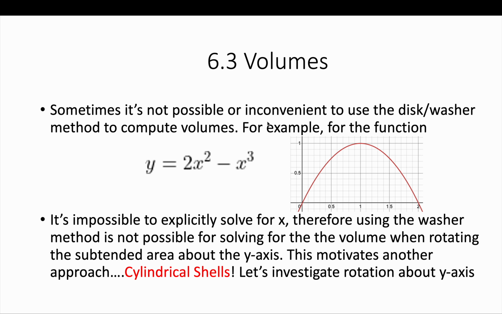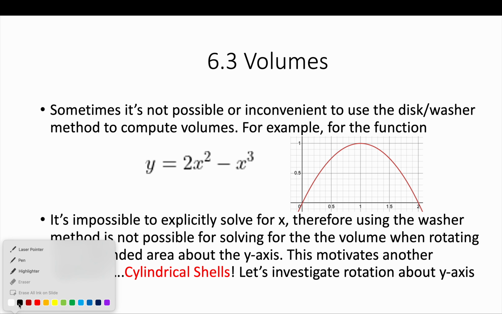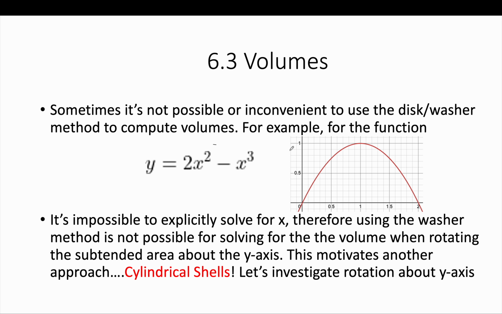So here we have an example where we want to see y equals 2x squared minus x cubed, the volume that is generated by rotating this area underneath this curve between 0 and 2 around the y-axis.